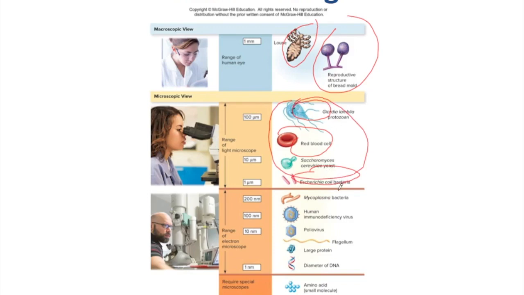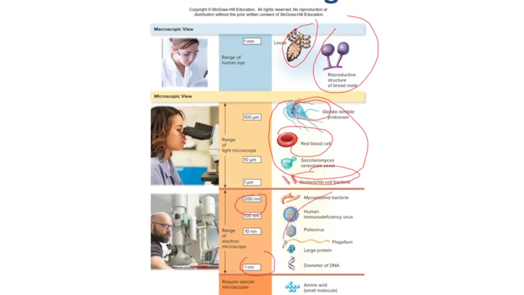For viruses such as the HIV virus, and the flagella and the DNA, their sizes are from 200 nanometers to 1 nanometer.